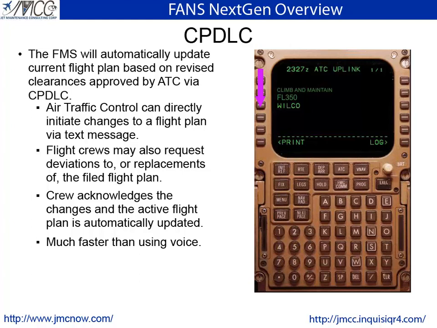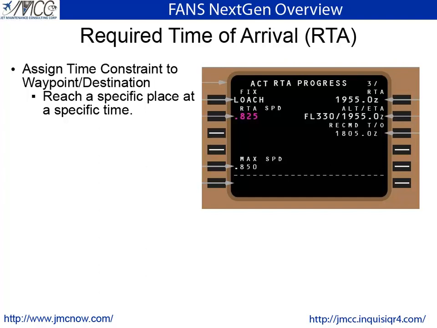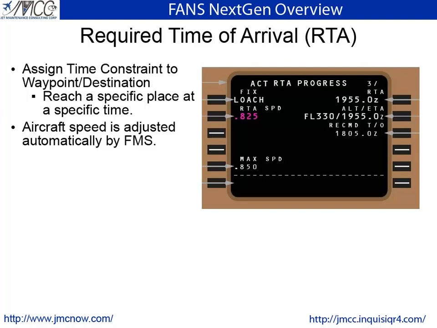The required time of arrival component of FANS gives flight crews and/or air traffic control the ability to assign a time constraint to a waypoint or destination, allowing the aircraft to reach a specific point at a specific time. The aircraft cruise speed is automatically adjusted by the flight management system to achieve the RTA.